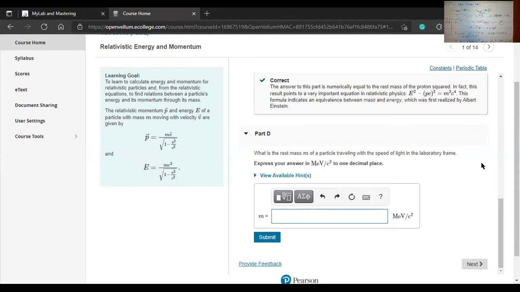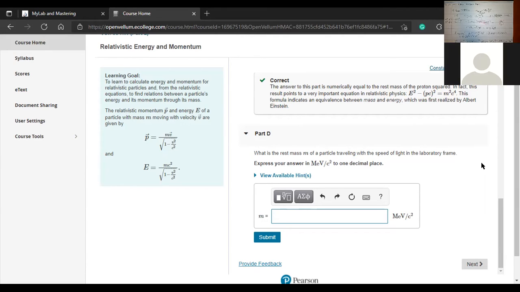Okay, so for starters, the rest mass is always supposed to be mc squared. And if it was traveling at the speed of light, I think you can see that gamma becomes infinite. So this is odd.